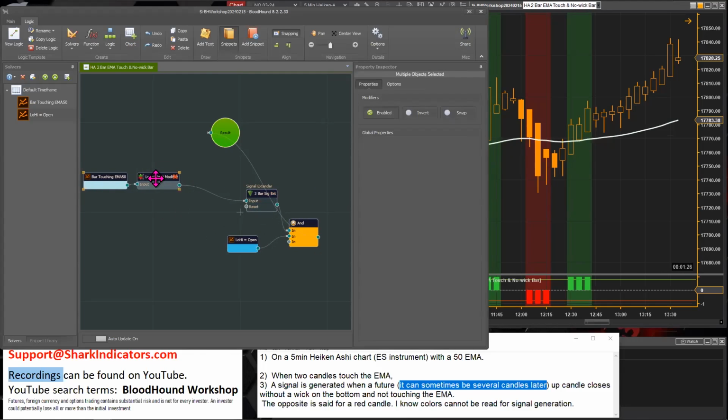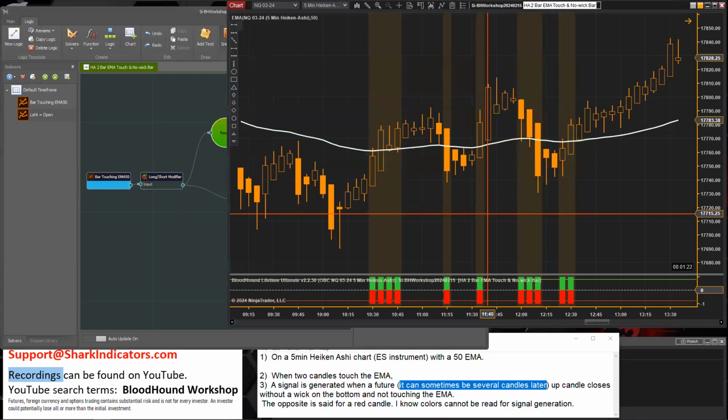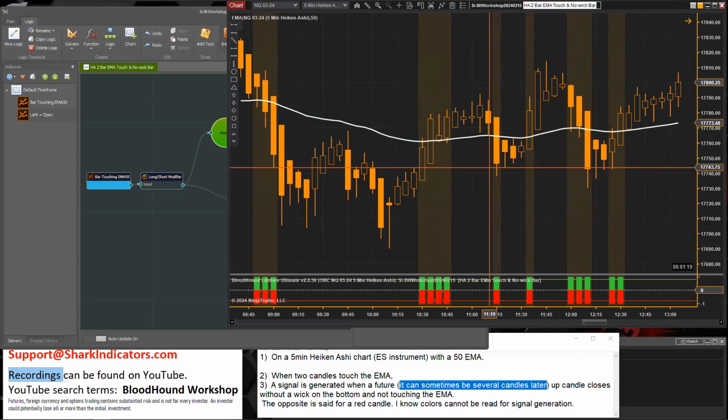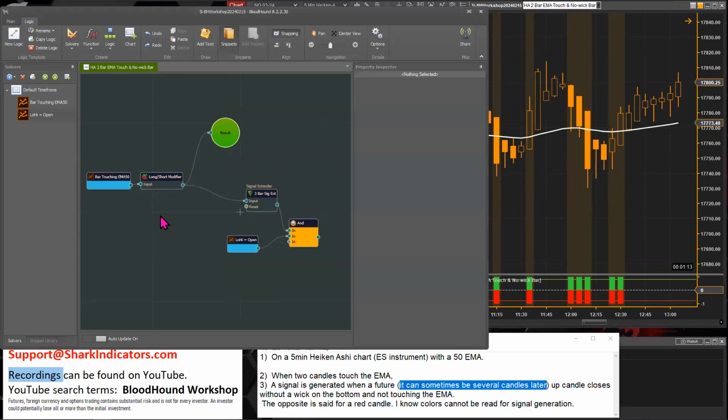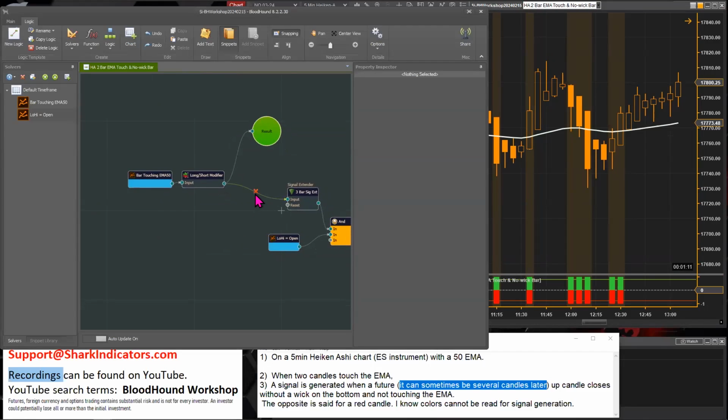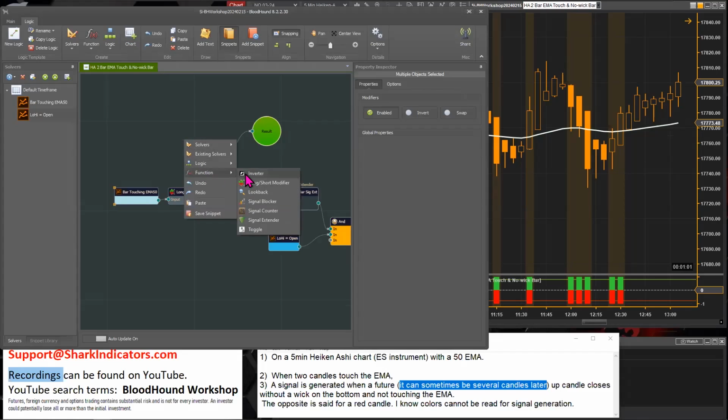All right. So what we need to do is make sure that there's at least 2 bars touching that EMA, not just a single bar. So we're going to interject here. We could use a function node.